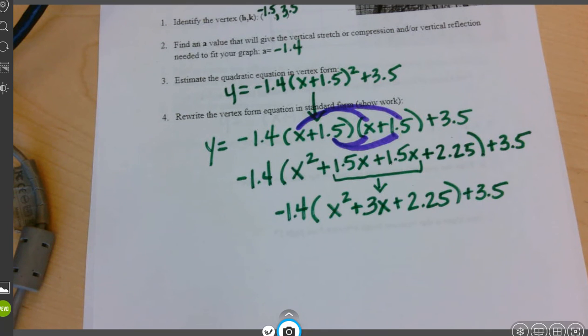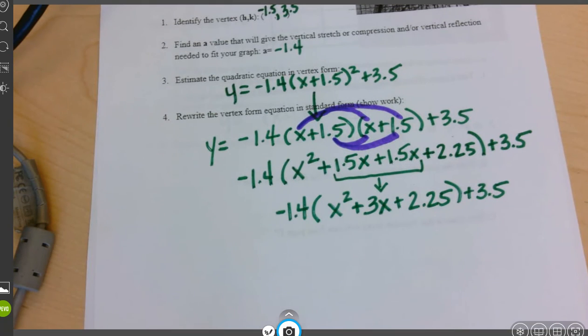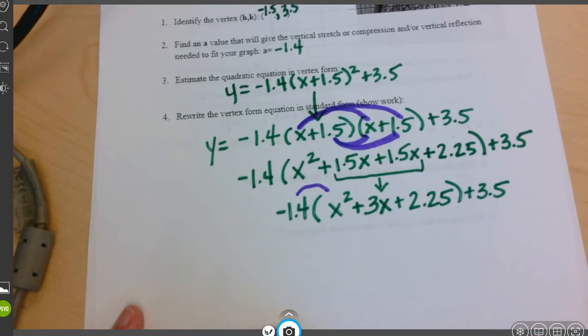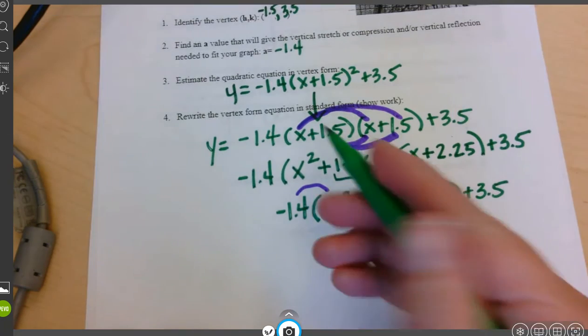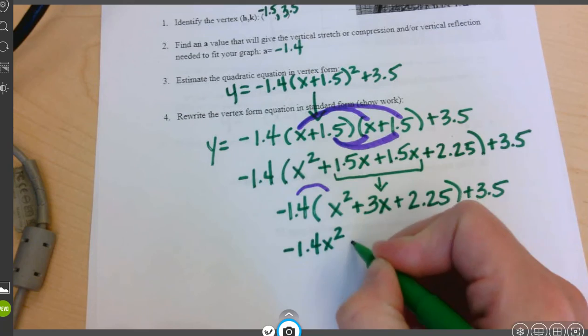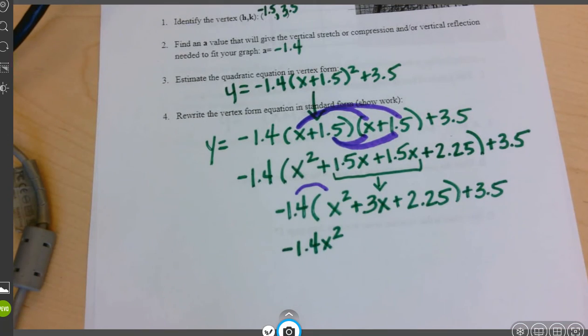Next, we're going to distribute. So we are going to multiply that negative 1.4 times everything in the parentheses. I'll need a calculator again for that. So the first one's not that bad. The first one is going to be negative 1.4x squared. And now I need negative 1.4 times 3x. Anybody have that yet?